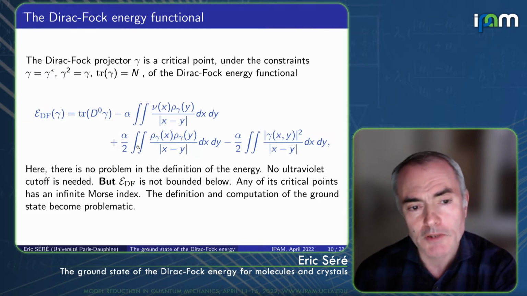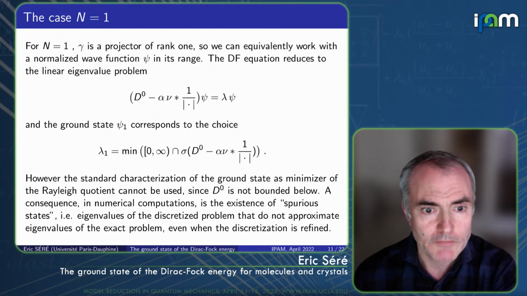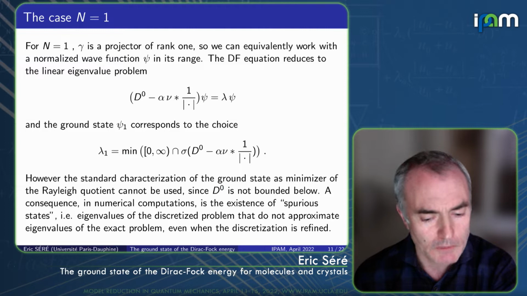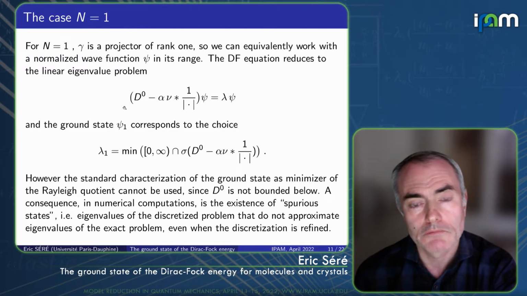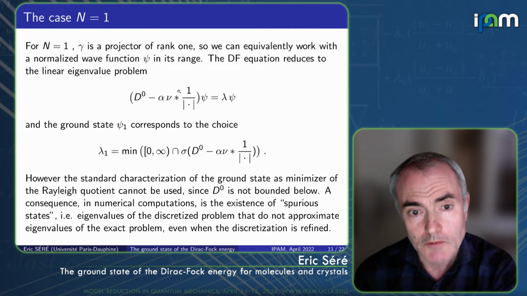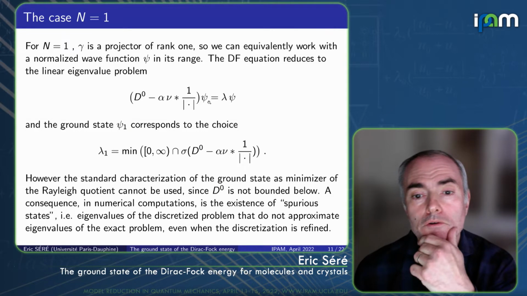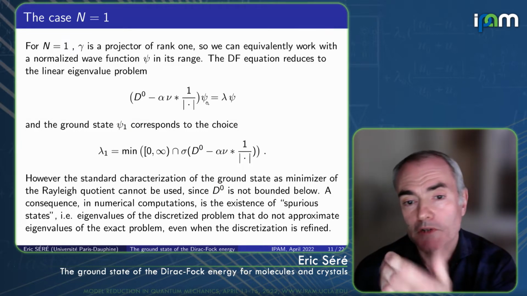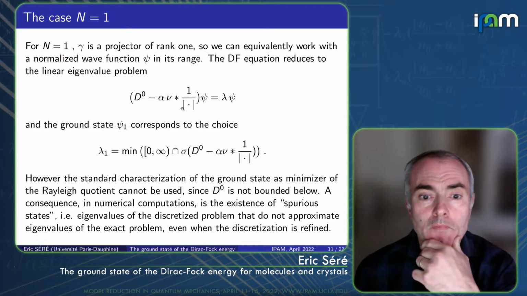Defining a ground state in particular is a problem. So let me just explain what happens for n equal 1. For n equal 1, it's not so hard. You don't have any interaction, of course, and you just have D0 plus the electrostatic energy due to the nucleus. And so you look for an eigenvalue lambda and an eigenvector psi.